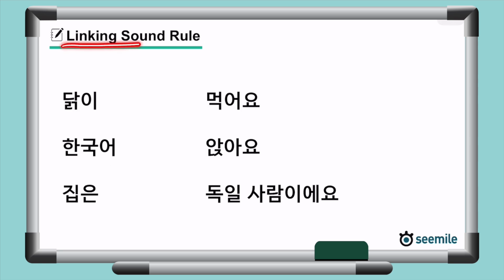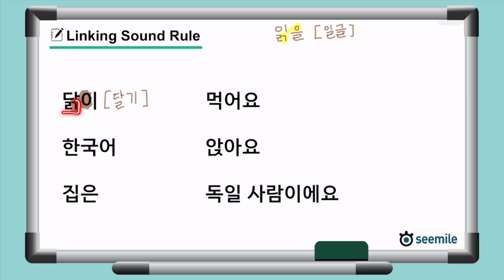The first one is the linking sound rule. You know what? You actually already know this. How? Do you remember how to pronounce a double final consonant when it is followed by a vowel? That's right. The sound of the second consonant is pronounced as if it's the initial consonant of the following vowel. For example, we pronounce this word 달기.